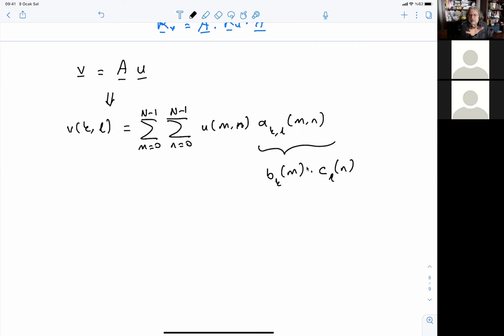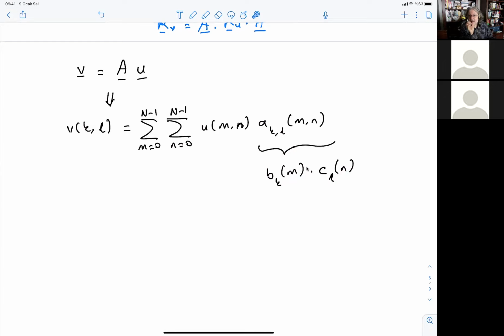So this multiplication would correspond to the 4-dimensional or 4-parameter expression of A of KLMN. Instead of that, I'm splitting it into a 2-dimensional matrix, B of K, M and C of L, N, all right?